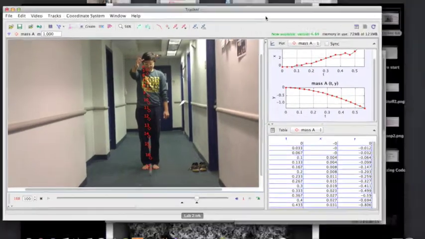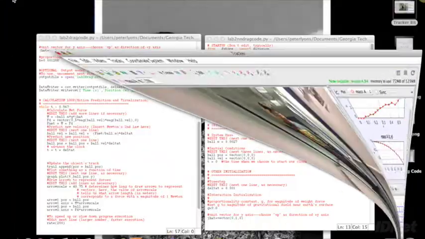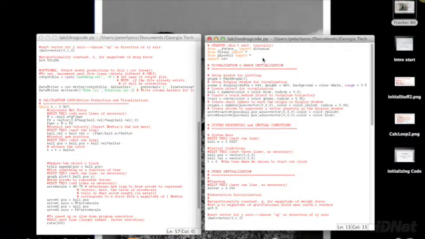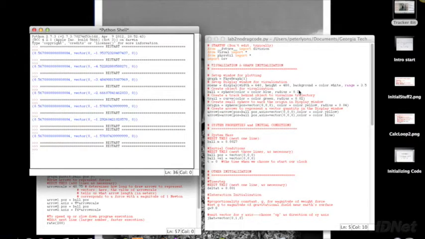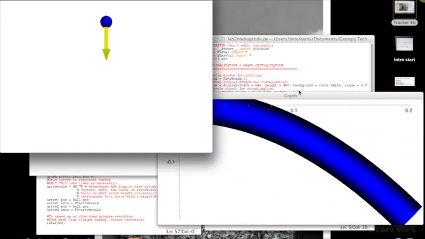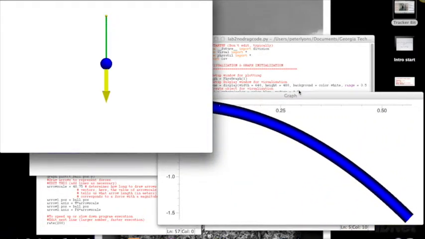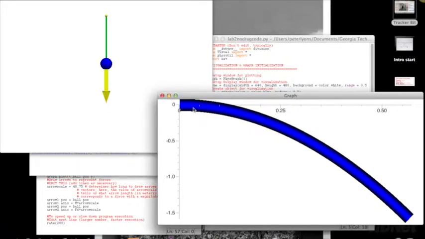Now, I have made two computer models, one including the drag force and another one not including the drag force. So let's run the one without the drag force. As you can see, there's a yellow arrow coming out of the ball showing the weight force, with a curved graph showing that there is a change of velocity over time.